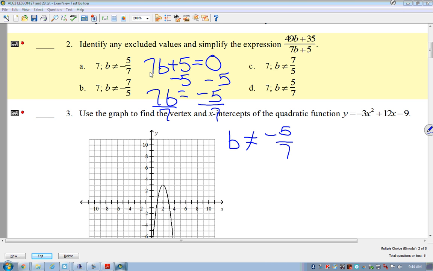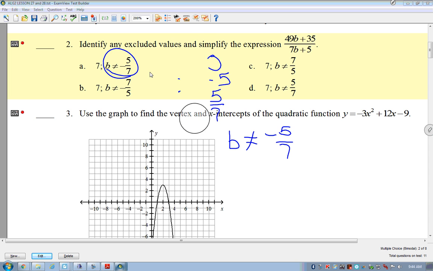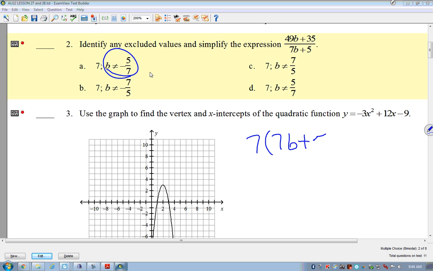Now, simplifying the expression is a totally separate thing. Do we understand how to find the excluded value? Simplifying the expression comes from factoring. Let's look at the top. What can I factor from the top? 7. If I factor 7 out of the top, what is left inside the parentheses? 7b plus 5, right?